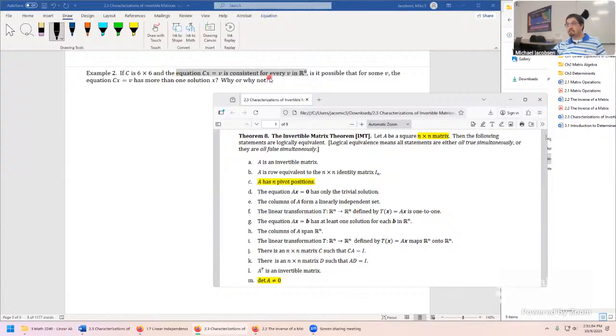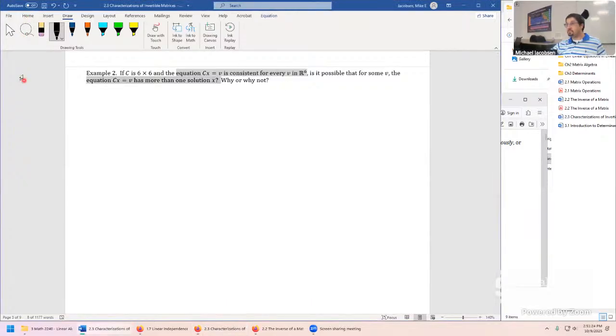This says consistent. We're wondering, does that mean there's multiple solutions for some vector v, or exactly one solution for every vector v? But being consistent allows this to be true. There is now at least one solution for every vector. So we can say in the invertible matrix theorem, part G is true.